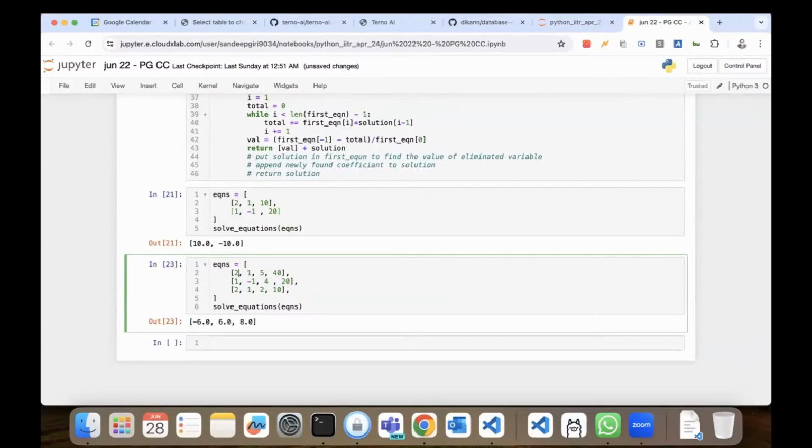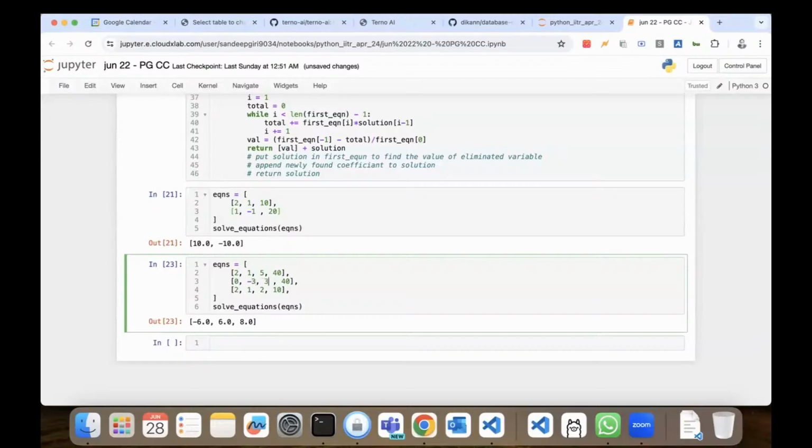So what we did was we took this, multiplied the second equation with, let's say this became 2, this became -2, this became 8, this became 40, right? So when we subtracted it, this became 0. This became how much? -3.